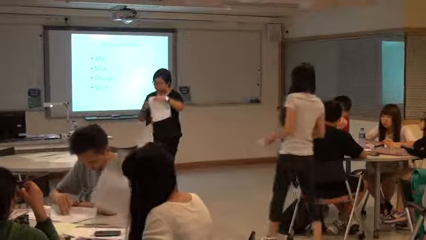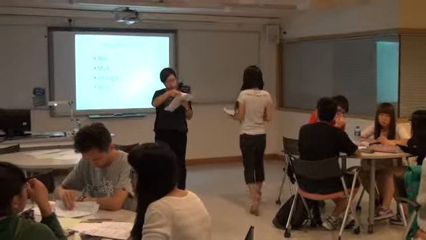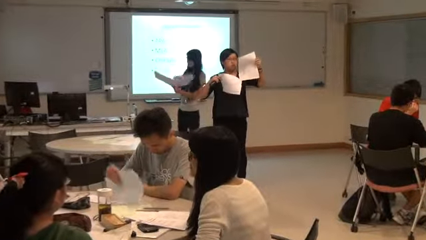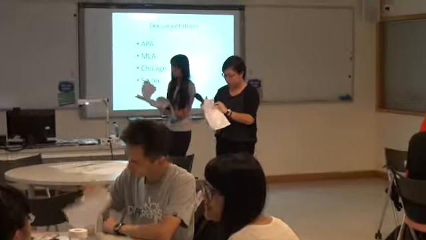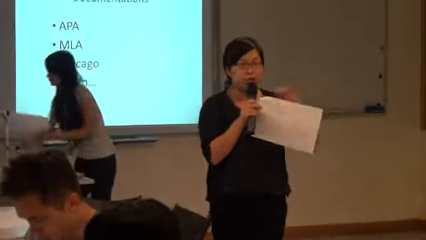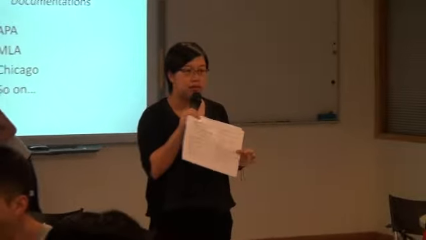If you go to the last page here, I think it's 6. Yeah, not last page, but page 6. Do you see references? So basically, whenever you borrow something from elsewhere, from a book or from a website, you need to write down all the information.